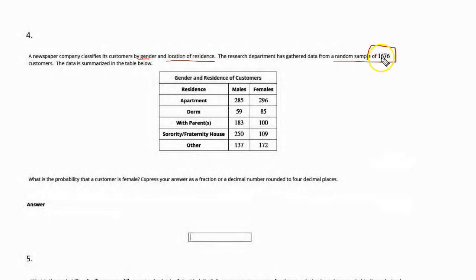So what does this stand for? Well, the sum of all of these numbers. So we have the total 1676. Now residents, apartments, dorms with parents, etc.